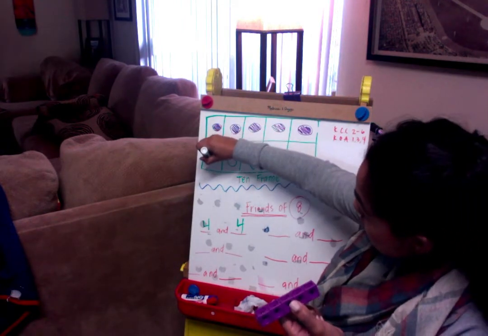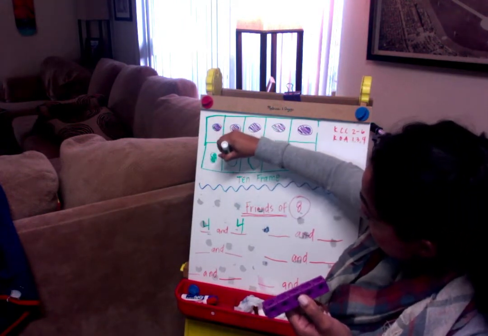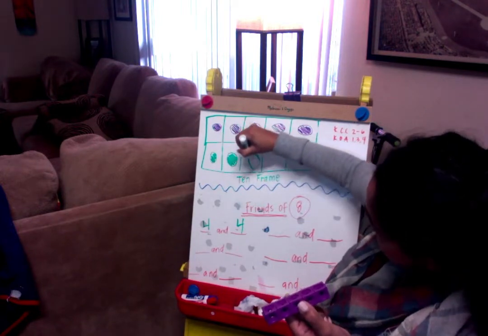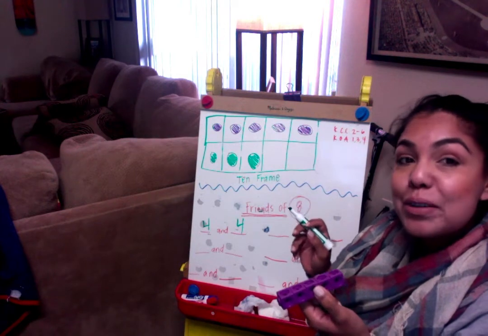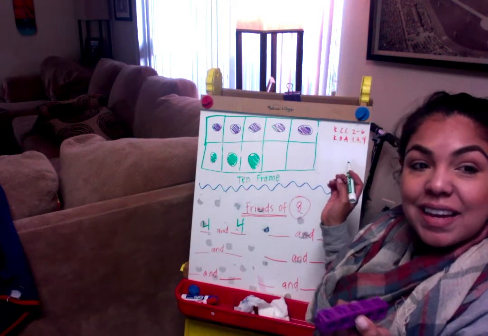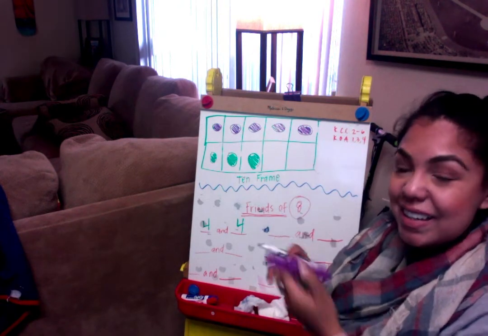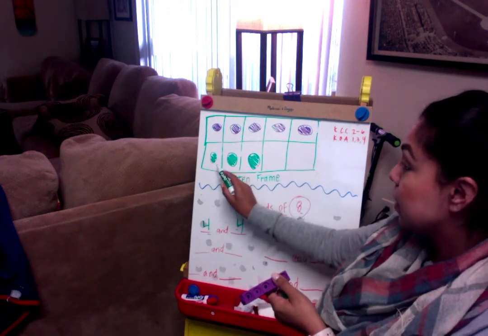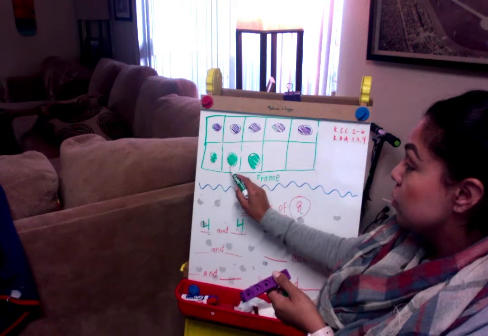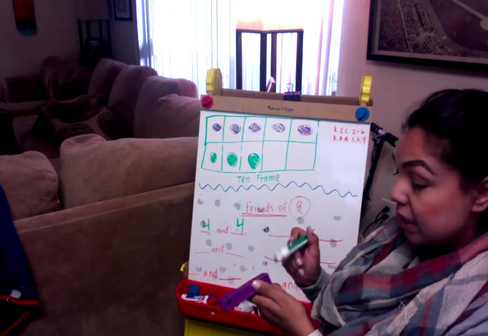So we stopped at number 8. Why did we stop at number 8, guys? Because I am trying to combine numbers to make 8. Very good. All right, so if I have 5 here, how many circles did I add in green? Here we go. 1, 2, 3. So I need 3 green.